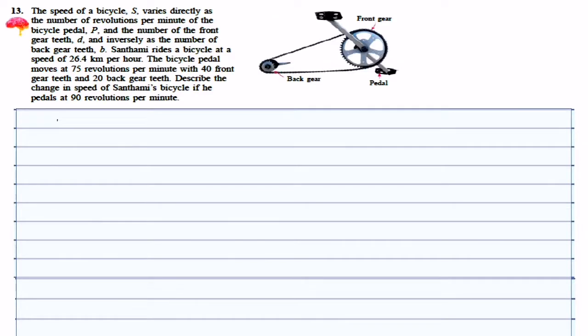Question number 13. The speed of a bicycle S varies directly as the number of revolutions per minute of the bicycle pedal P and the number of the front gear teeth D, and inversely as the number of the back gear teeth B. So we write the variation first.